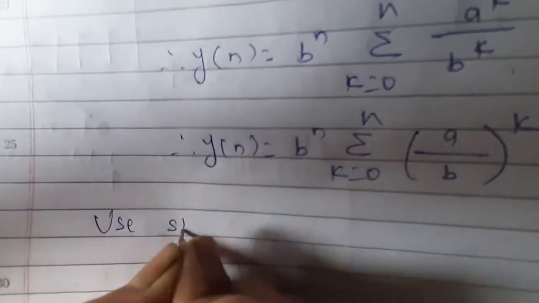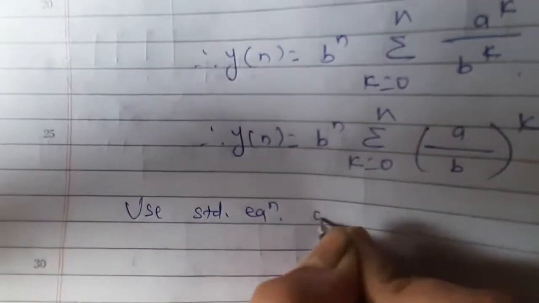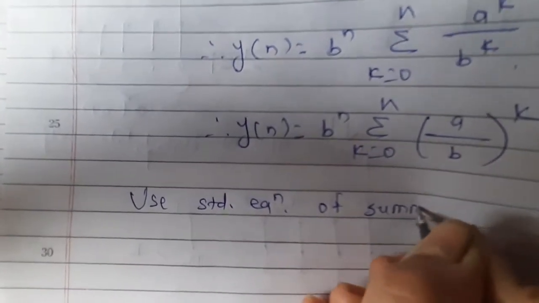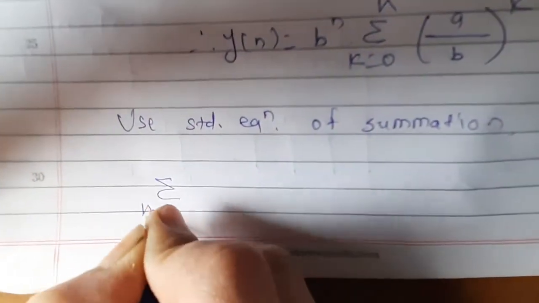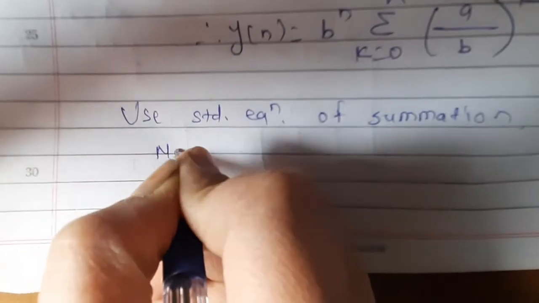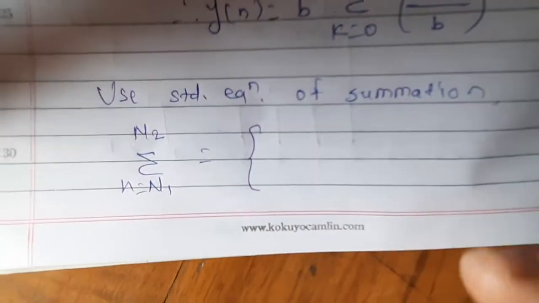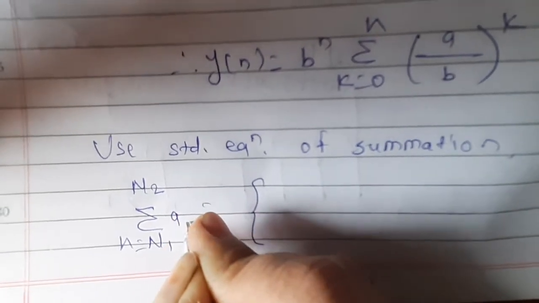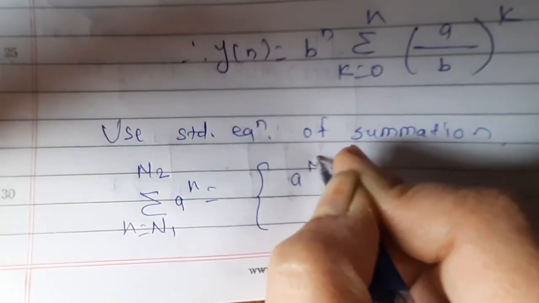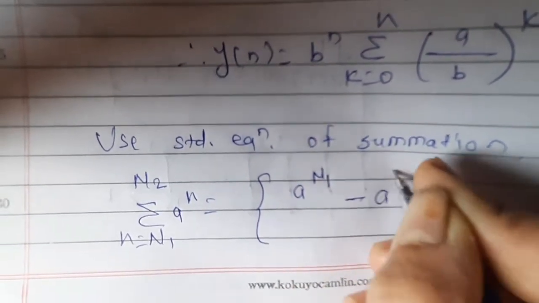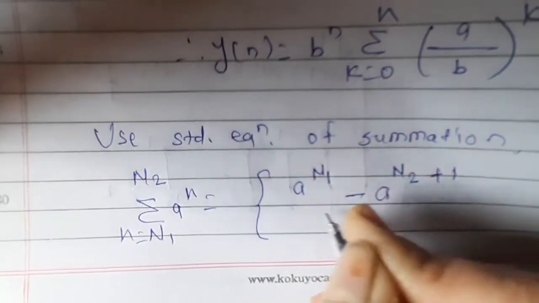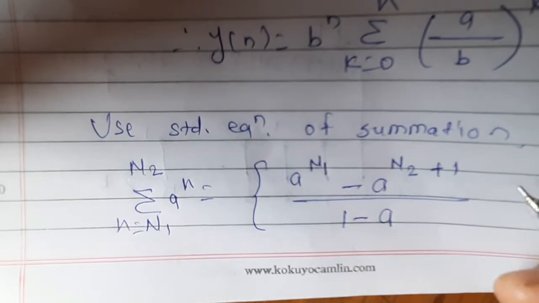Now we use the standard equation of the summation. It is summation a raised to n, n changes from n1 to n2, equal to (a raised to n1 minus a raised to n2 plus 1) divided by 1 minus a.